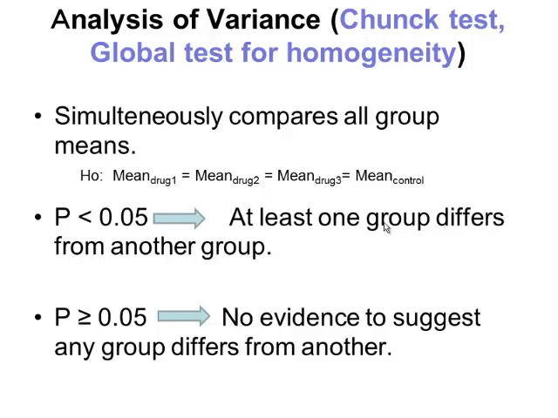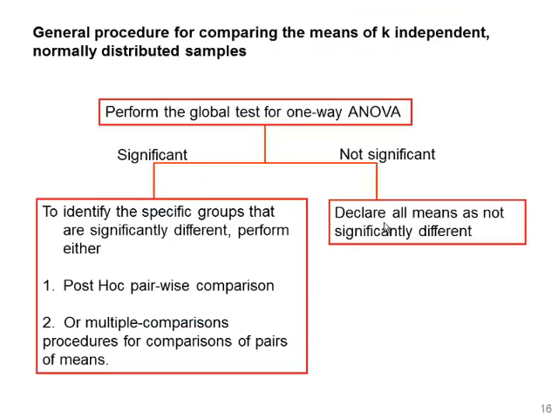Okay, and a good thing with ANOVA is that when you detect significance with ANOVA, you may not need to adjust the p-value for post hoc pairwise comparisons. Okay. So you conduct ANOVA, and if it's not significant, you claim all means are not statistically different, so you end your analysis.